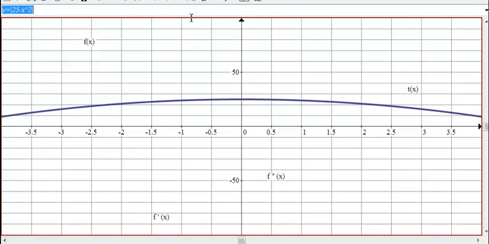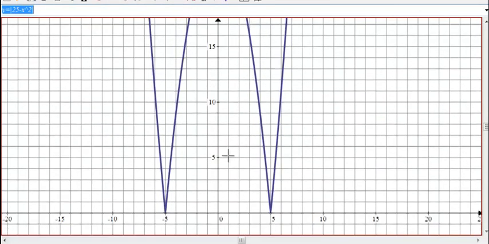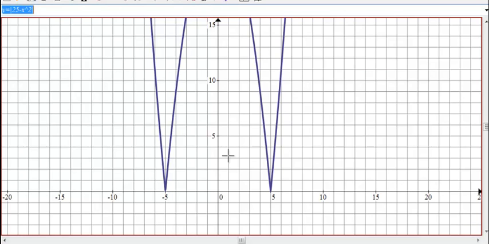Okay, so let's see, it doesn't look like it's going to go into the negatives anywhere. The absolute value on the outside, we know that. First of all, just right off the bat, you notice the sharp corners here at negative 5 and 5. That's typical when you have absolute value. You have a sharp change of direction, and there's not going to be a derivative at those points.